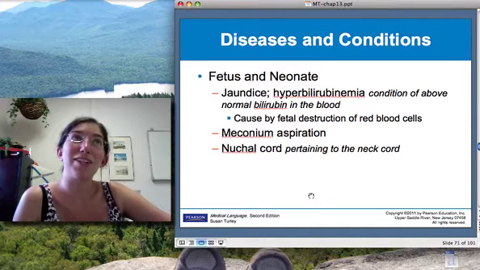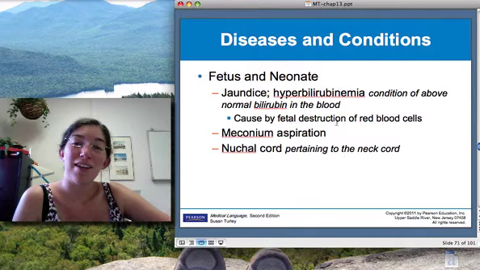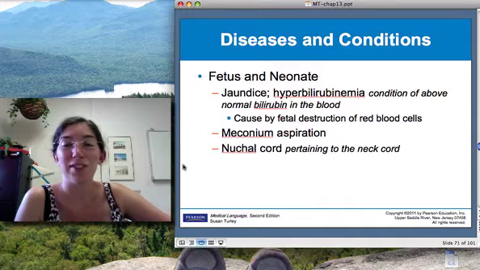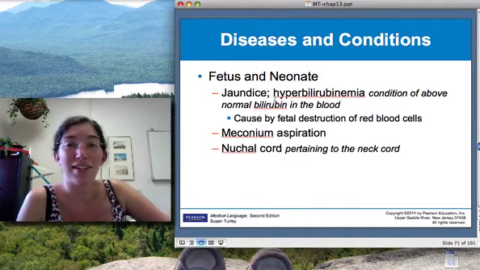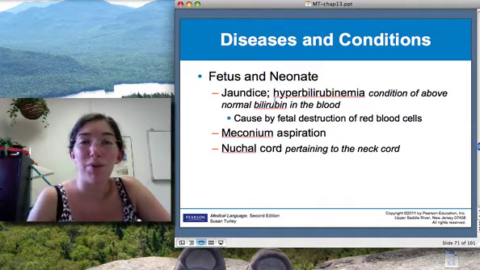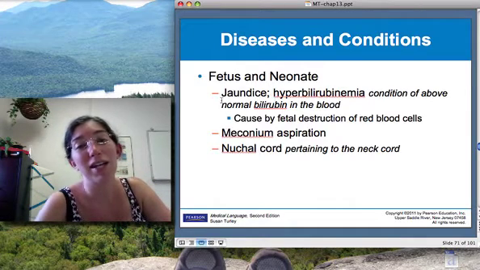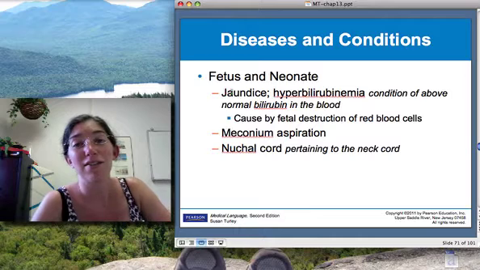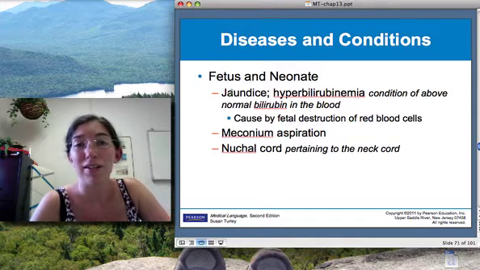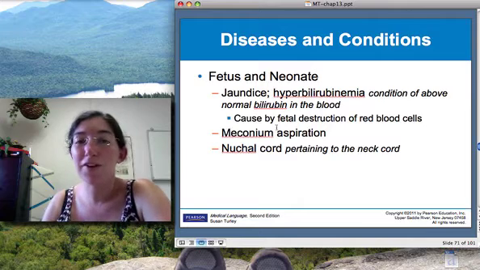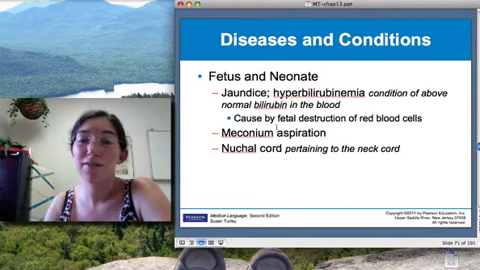If it's a second child of the Rh negative mother, they can have this problem from having different blood types, essentially is the gist of it. Nowadays, in a hospital setting, most women who are Rh negative, and I know here in Saranac Lake at the hospital, any Rh negative woman gets treated with RhoGAM, which prevents this from happening, whether or not the baby is Rh positive.